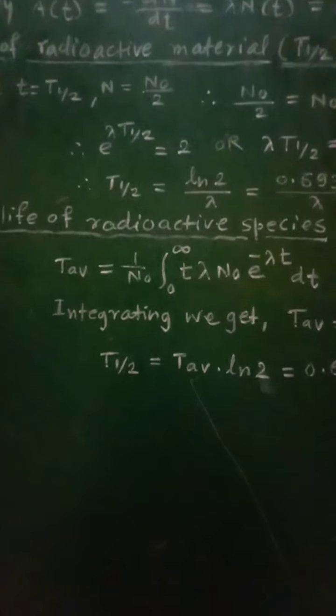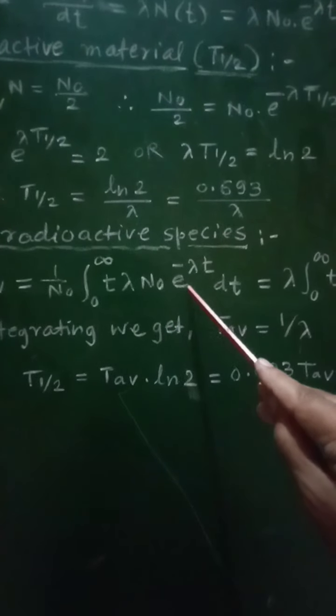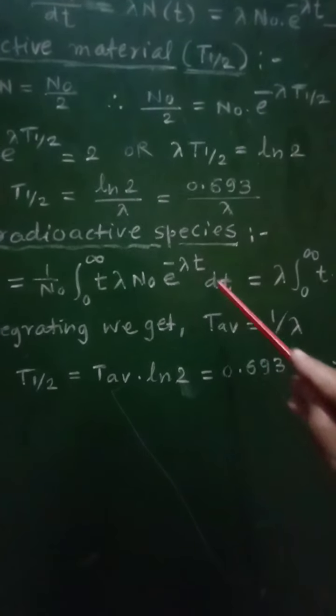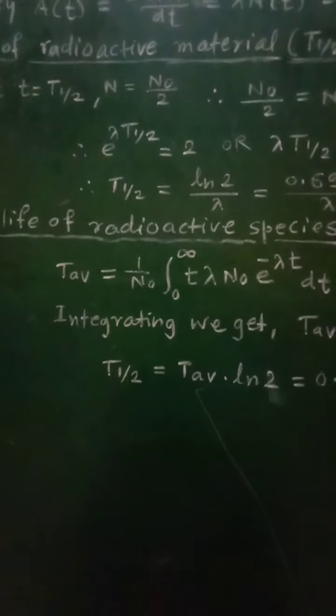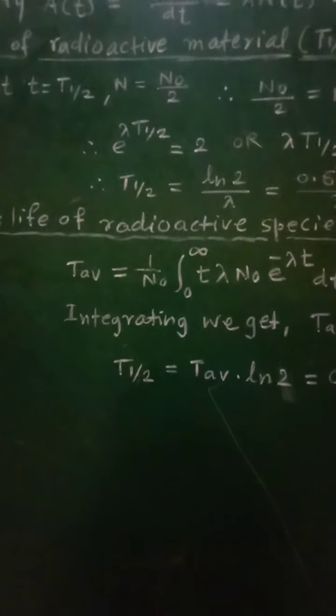That equation represents the number of nuclei decaying between time intervals t and t plus dt.